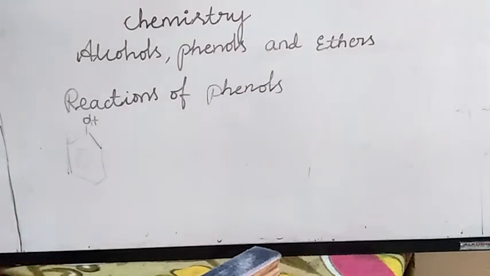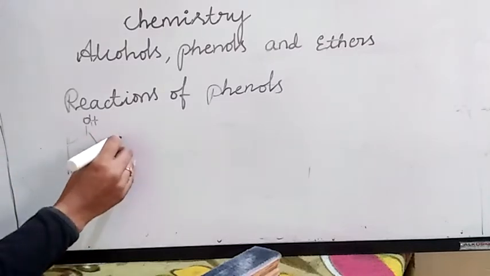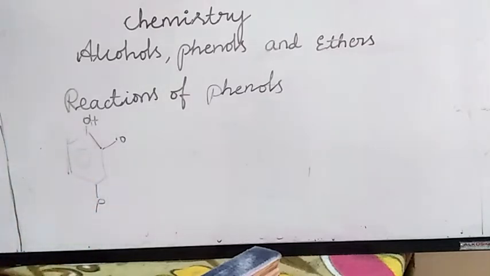The OH group attached to the benzene ring activates it towards electrophilic substitution, and it also directs the incoming group to the ortho and para positions in the ring, as these positions become electron rich due to the resonance effect caused by the OH group.